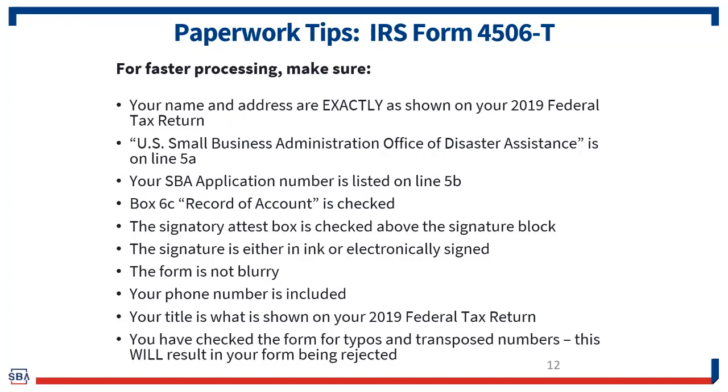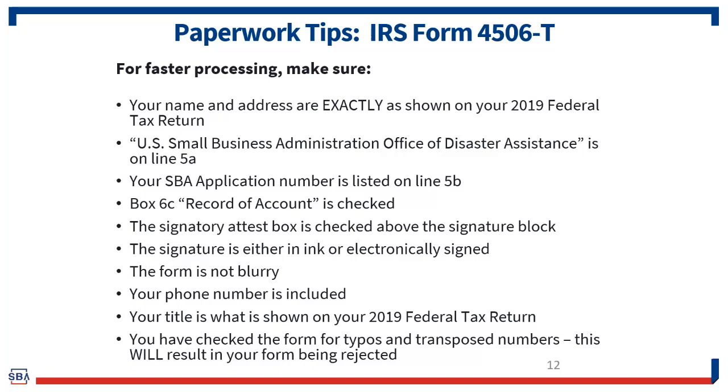So if the information that's on the 4506T form does not literally exactly match what's shown on your 2019 federal tax return, the scanning program will reject it and it will come back and you'll have to fill it out again. So very important, reference your 2019 federal tax return as you're filling out the 4506T.